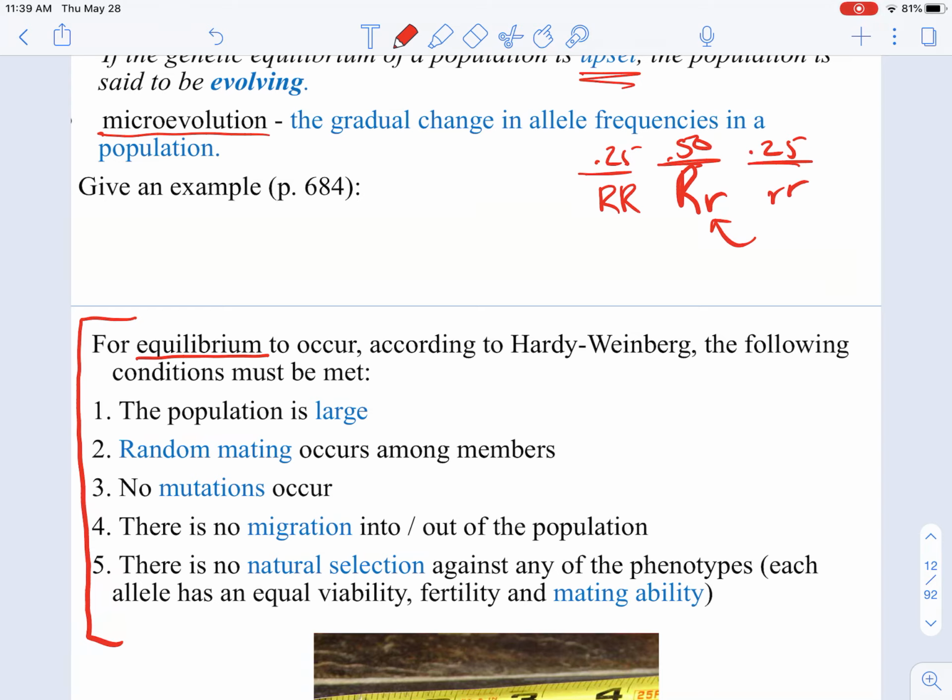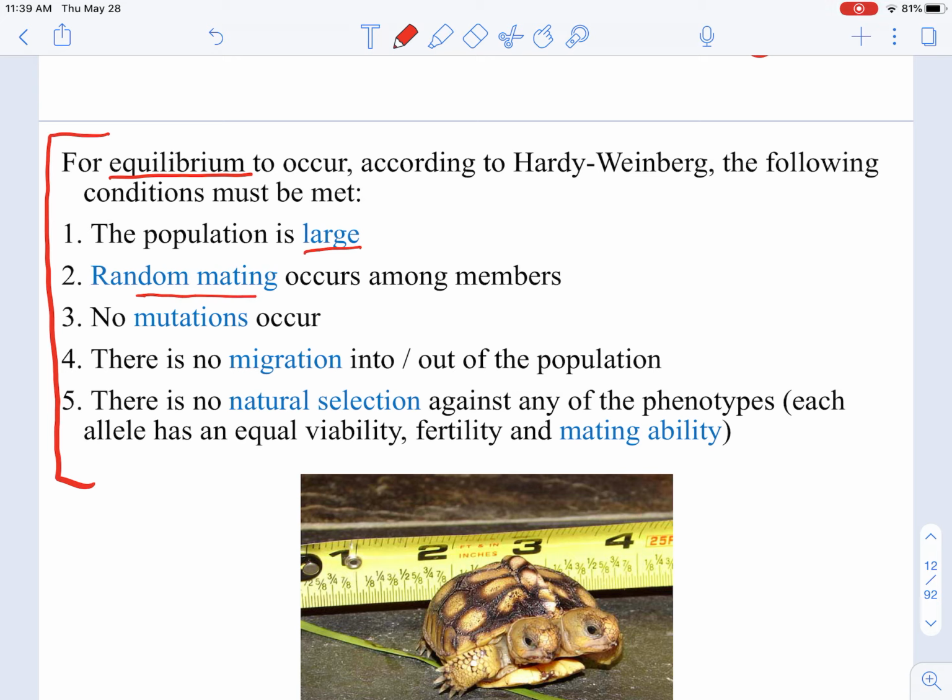They are basically saying for equilibrium to be occurring in exactly the same frequencies year after year, all of these have to happen. It has to be a very large population with random mating, with no mutations, with no migration in or out, and no natural selection.